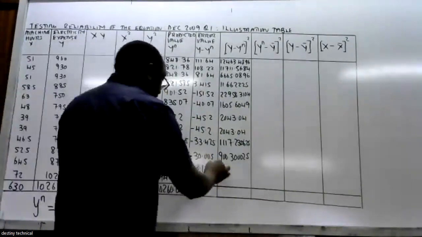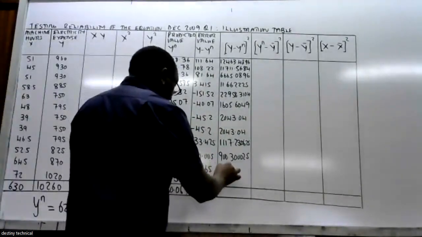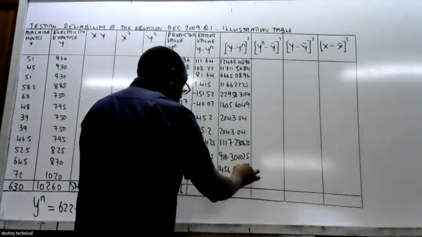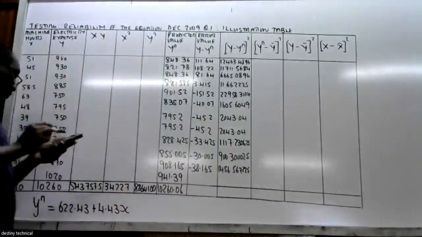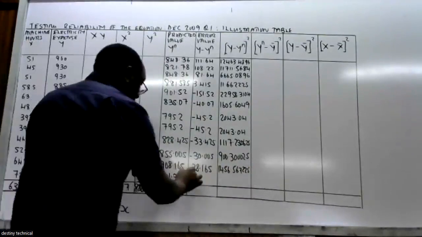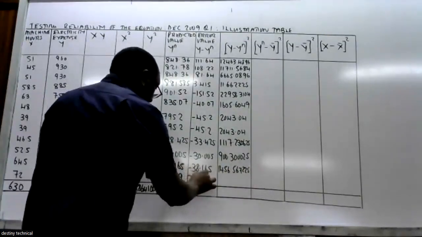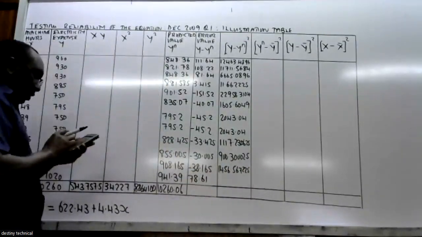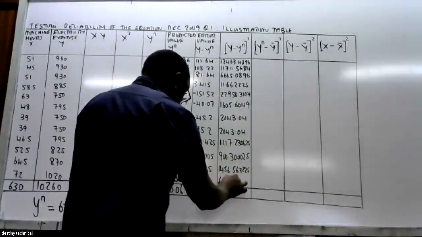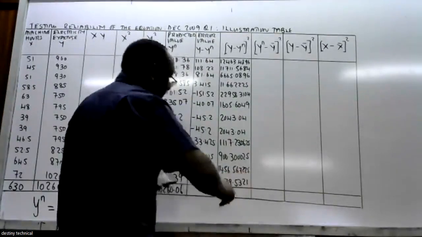You square, you get 1456.567225. 1020 minus 941.39 is 78.61. You square, it is 6179.5321.